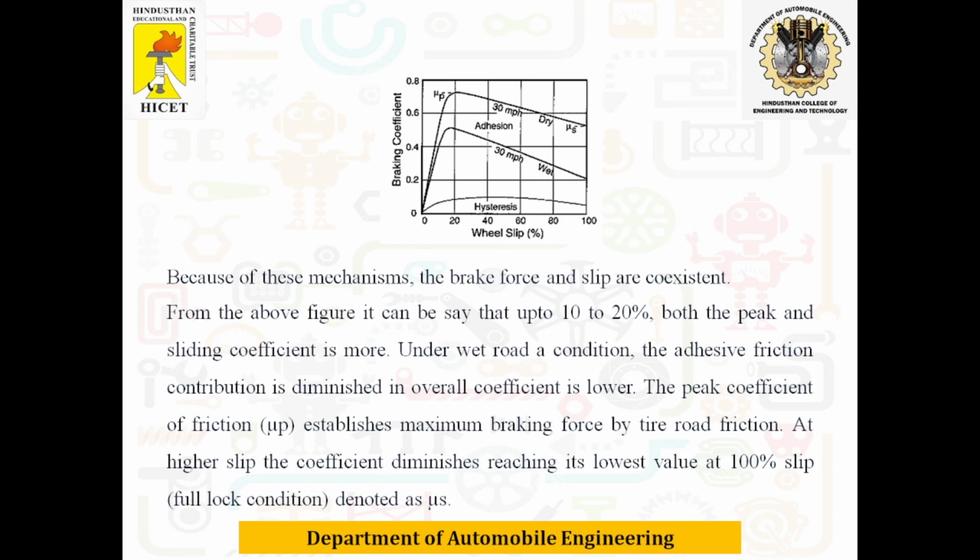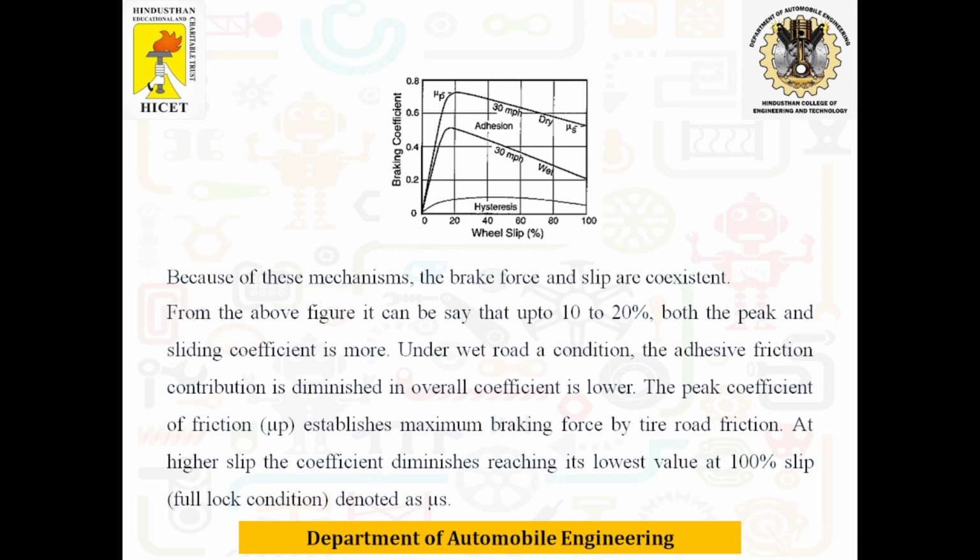Because of this mechanism, the brake force and slip are coexistent. From the above figure, it can be said that up to 20% both the peak and sliding coefficient are more. Under wet road condition, the adhesive friction contribution is diminished, so the overall coefficient is lower.